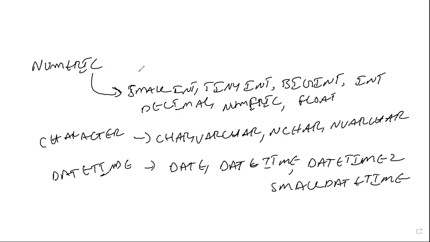Everybody finished with the numeric and character? Okay, let me explain numeric one more time: small int, tiny int, big int, decimal, numeric, float. Have you cross checked? Next, character: char, varchar, nchar, nvarchar.